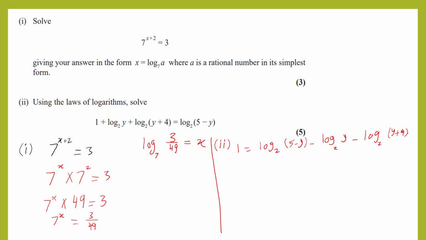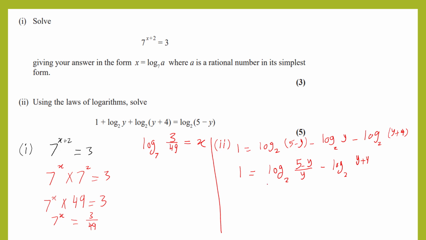Now, since these are all similar bases, here we have 5 minus y, then minus log y to the base 2. So this would be log of 5 minus y all over y to the base 2, and here equals 1. Then minus log y plus 4 to the base 2.